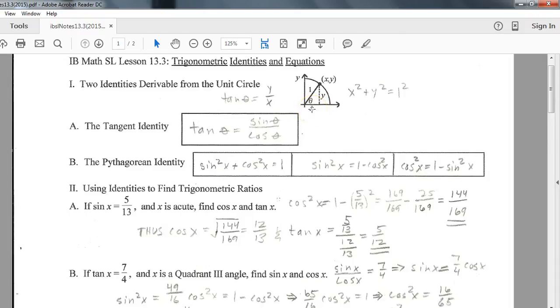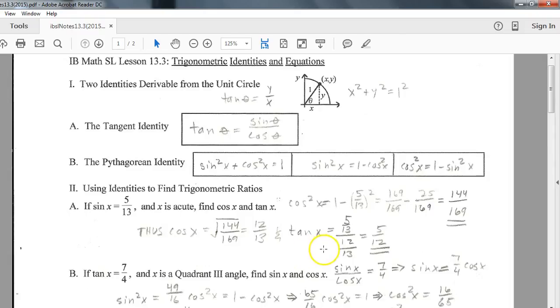And so now I could do things like cosine is adjacent over hypotenuse, so 12 over 13. Or you could say tangent is opposite over adjacent, so 5 over 12. And so you could do it with right triangles. You don't have to use the identity, but there's going to be cases where you really need the identity, so it's good to practice with it.